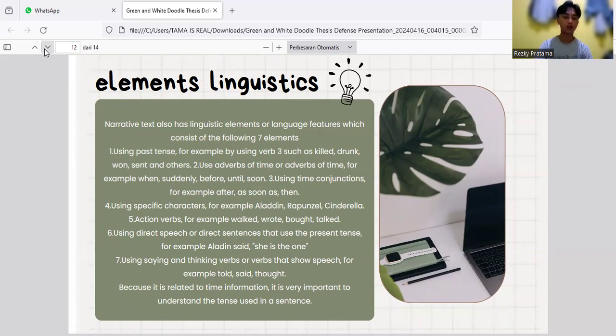Number six, using direct speech or direct sentences that use the present tense. For example, Aladdin said, "She is the one." Number seven, using saying and thinking verbs or verbs that show speech. For example, told, said, and thought. Because it's related to time information, it's very important to understand the tense used in a sentence.